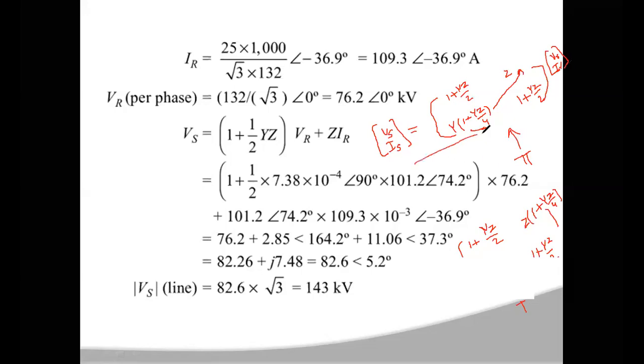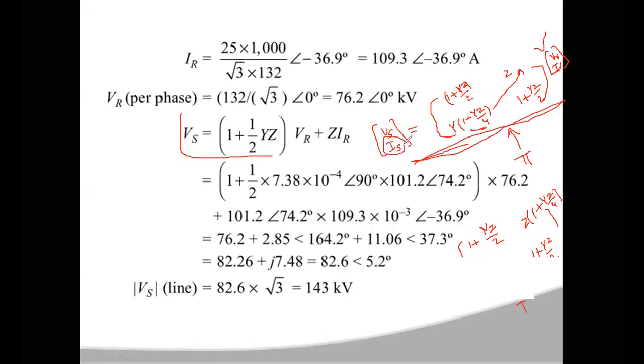Now from this equation, represented in matrix form, what is the Vs value? Vs is equal to 1 plus YZ by 2 into VR plus Z into IR. When you remember this matrix form, from that equation you will get the Vs as well as the Is value.